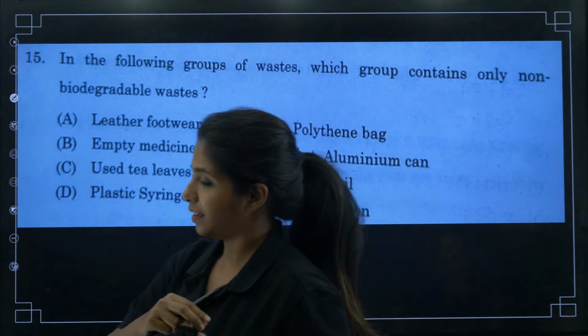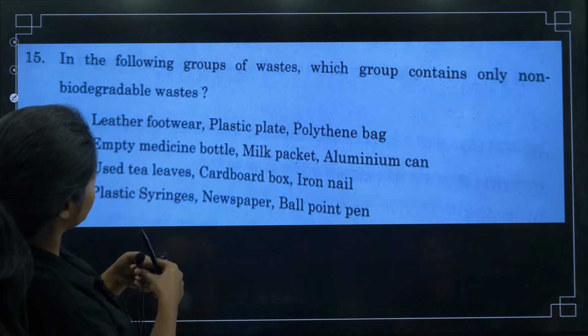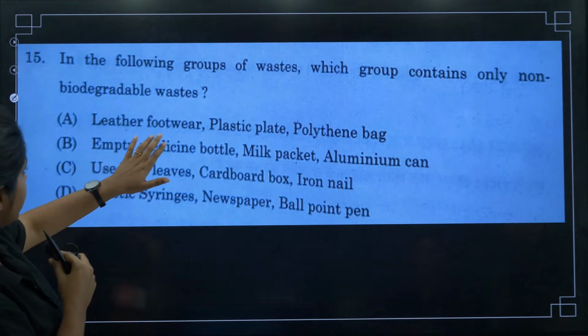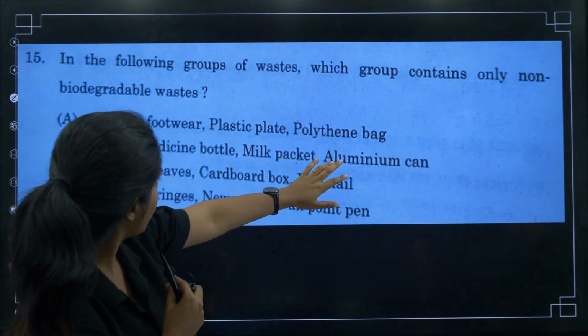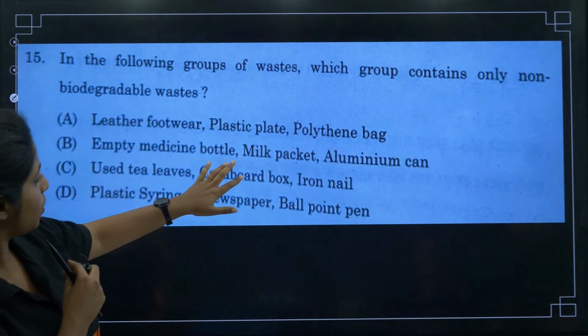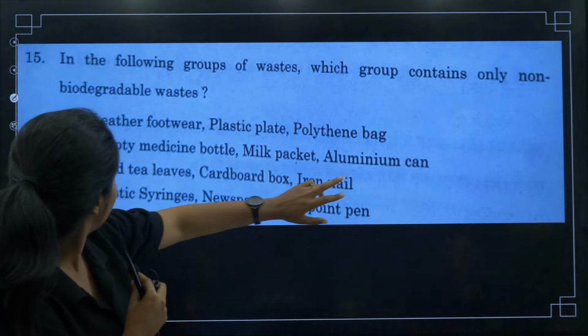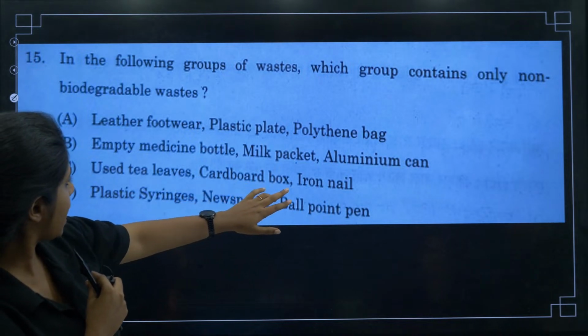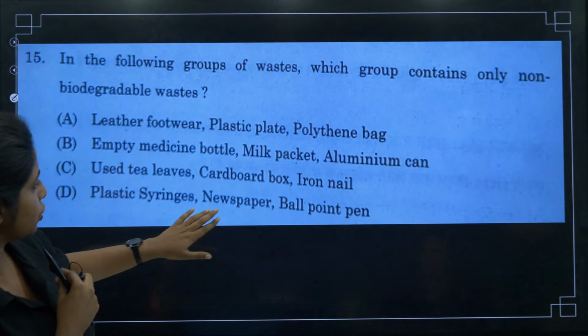Okay, in the following groups of waste, which group contains only non-biodegradable waste? Leather footwear, plastic plate and polythene bag; empty medicine bottle, milk packet and aluminium can; used tea leaves, cardboard box and iron; and plastic syringes, newspaper and ball.